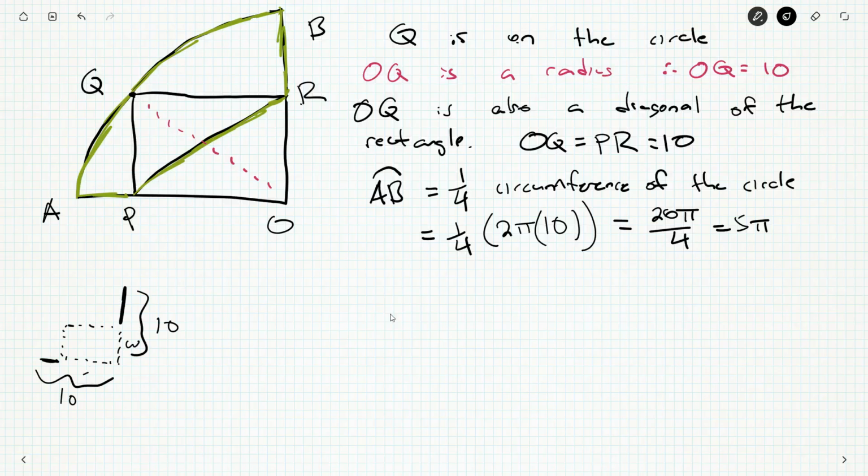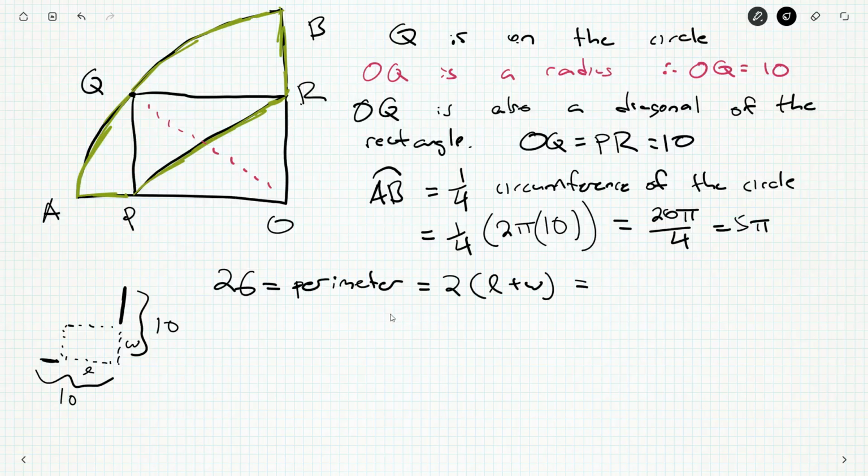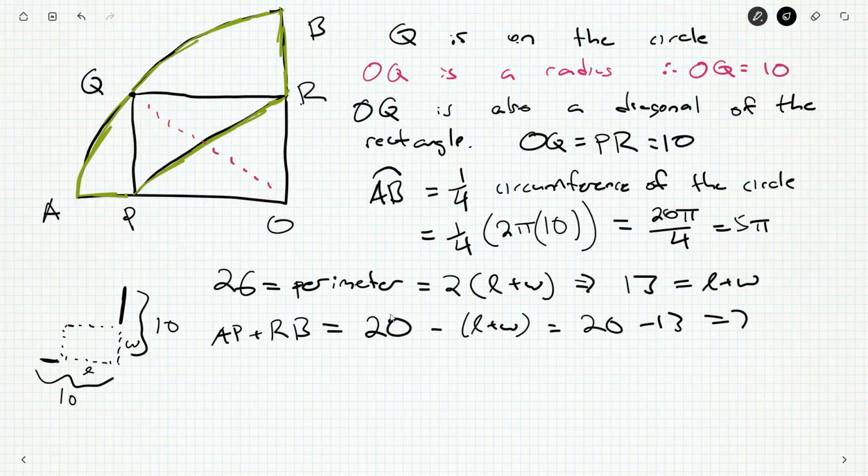One might call them the width and the length of the rectangle. I'm told that the perimeter of the rectangle is 26, and a way to calculate the perimeter is 2 times L plus W. So 13 is the same as L plus W. AP plus RB is the full 20, 10 plus 10, minus L and W. So 20 minus 13, or 7.